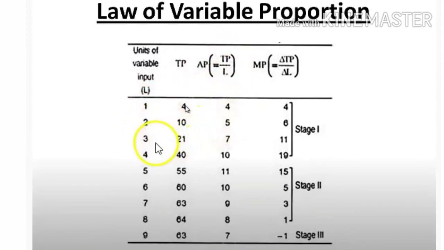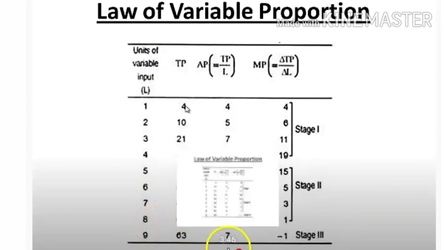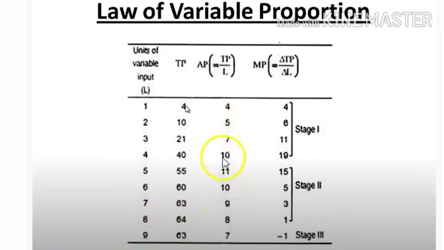Then 21 divided by 3 is 7, 40 divided by 4 is 10, 55 divided by 5 is 11, 60 divided by 6 is 10, 63 divided by 7 is 9, 64 divided by 8 is 8, 63 divided by 9 is 7. So that's the AP column.